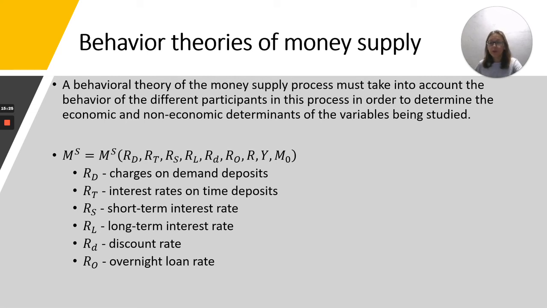So the money supply based on the behavioral theory is a way longer function, as you see, with way more factors here. We don't get that exact function or equation, as we do not know the exact links, as this depends on the particular behavior of particular participants. But in general, we see that the factors involved are very similar to the previous one.